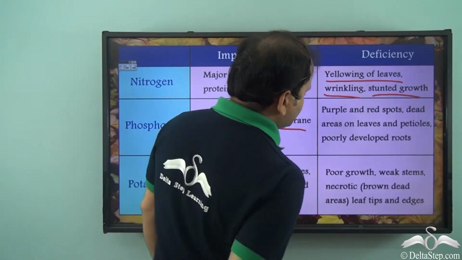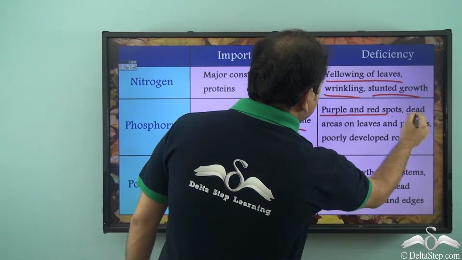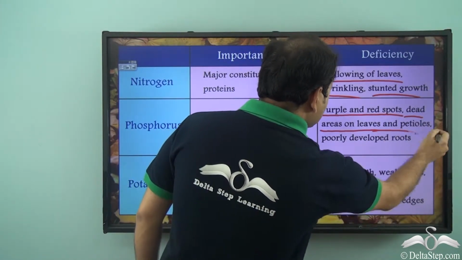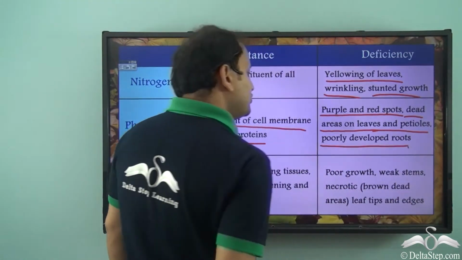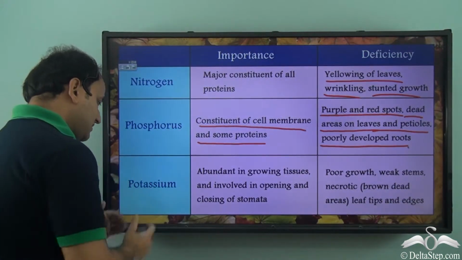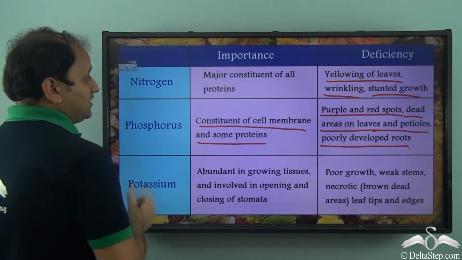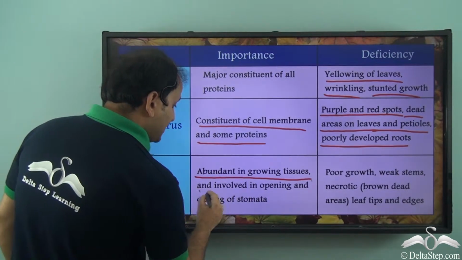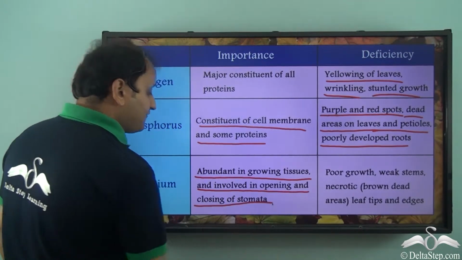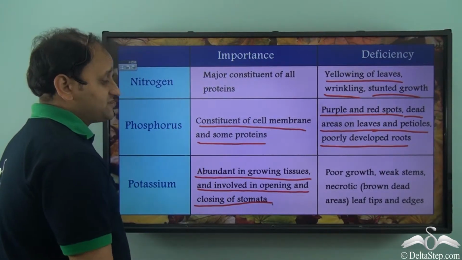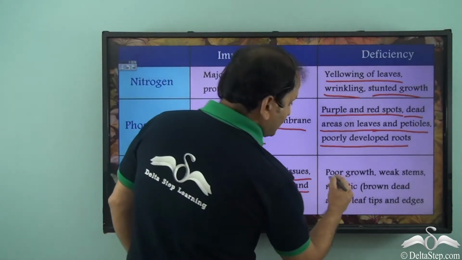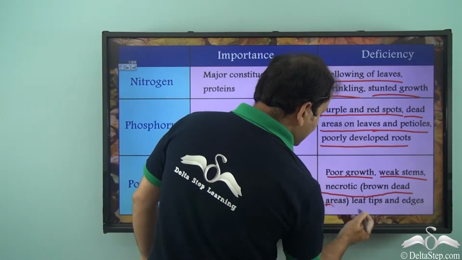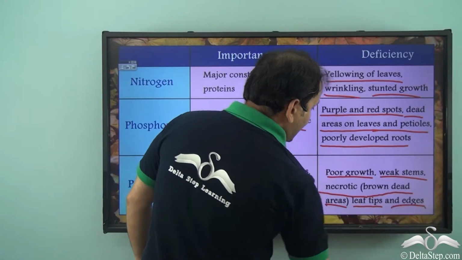The deficiency symptoms are purple and red spots, dead areas on leaves and petioles, and poorly developed roots. And what about potassium? Its importance is that it is abundant in growing tissues and involved in opening and closing of stomata. Deficiency symptoms are poor growth, weak stems, and necrotic, that is brown dead areas on leaf tips and edges.